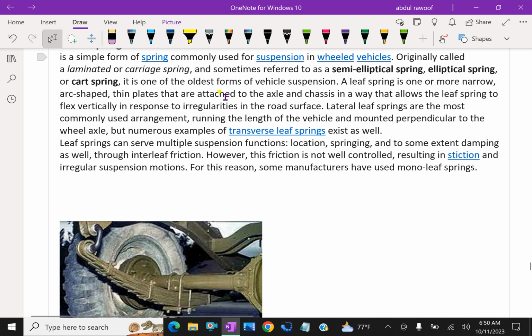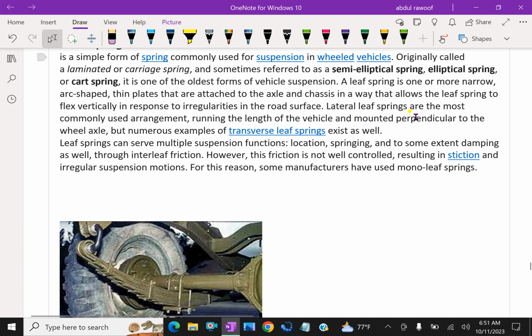It is one of the oldest forms of vehicle suspension. A leaf spring is one or more narrow arc-shaped thin plates that are attached to the axle and chassis in a way that allows the leaf springs to flex vertically in response to irregularities in the road surface.